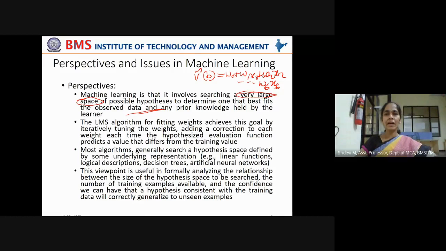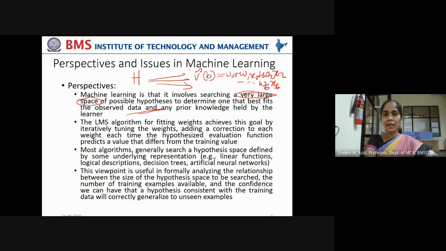This is our target function. Now the hypothesis space H contains lots of these equations, same equation but with different weights. Got it, what I'm telling? The hypothesis space means the set of your target functions will have lots of different weights for this particular equation.